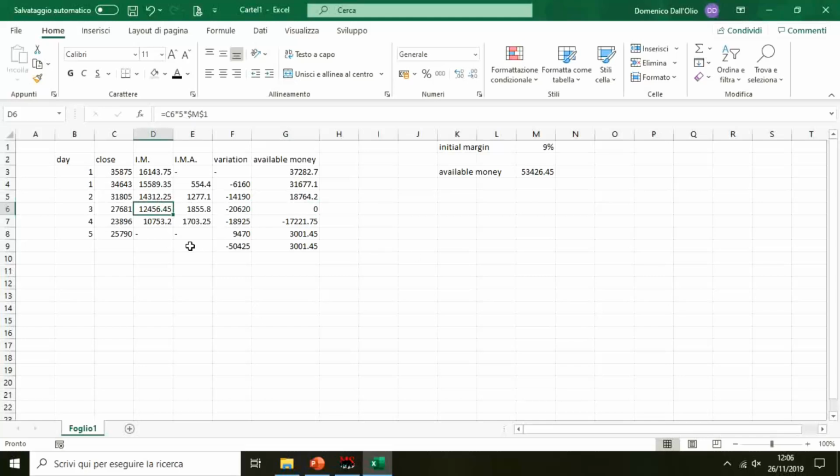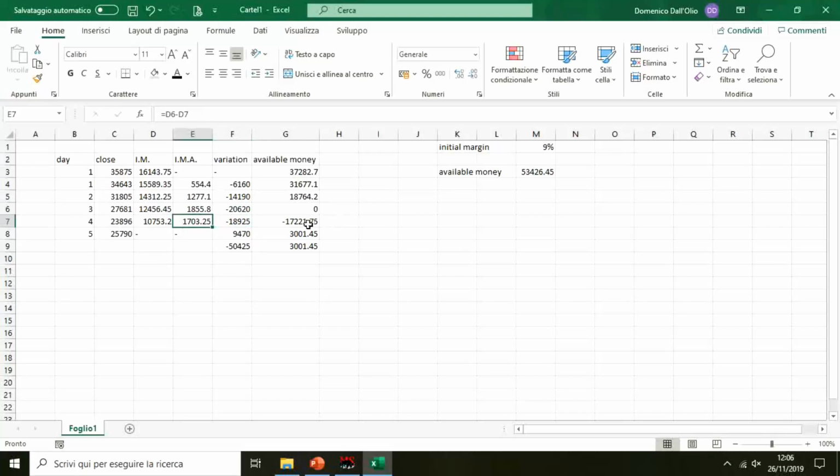But the market doesn't bounce. The market keeps going down. And it goes down, causing an additional loss of 18,926. So your final balance, given by the fact that you have a daily variation margin of minus 18,925, but you have an initial margin adjustment of plus 1,703.